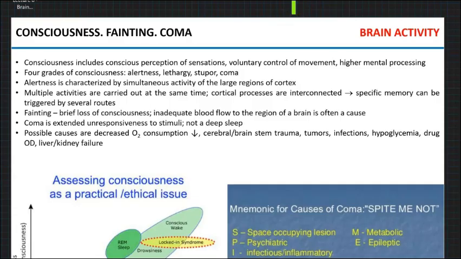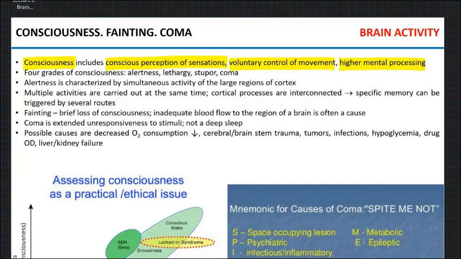So, different aspects of consciousness. People who are conscious perceive and interpret sensations, control their movement, and exhibit high mental processing capacities, effectively the analytical skills.